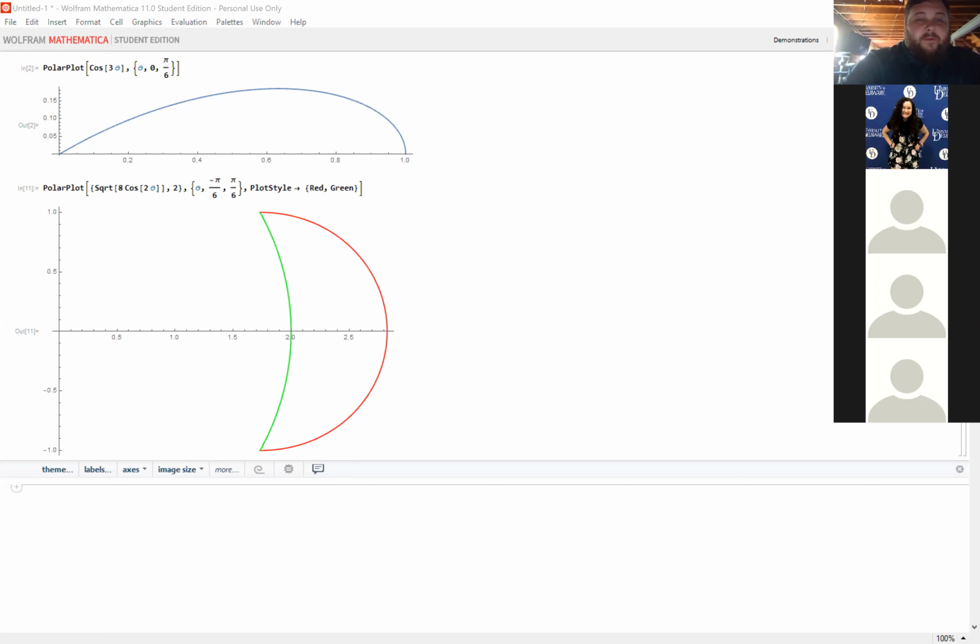That's already squared, so that's 8 cosine 2 theta minus the inner function squared, with respect to theta. And again, this is for one side. It asks for the total area. So we need to multiply by 2 in front.